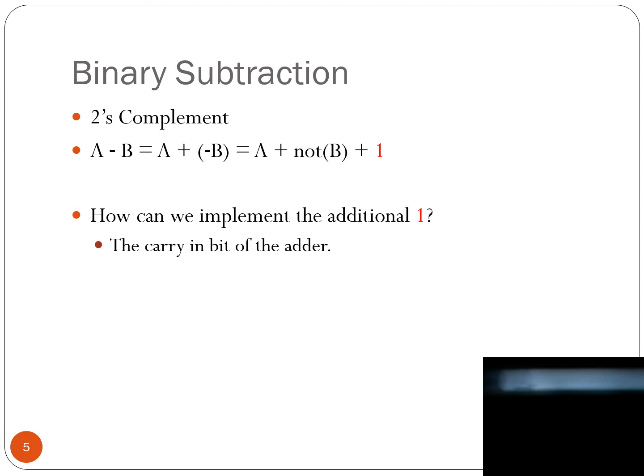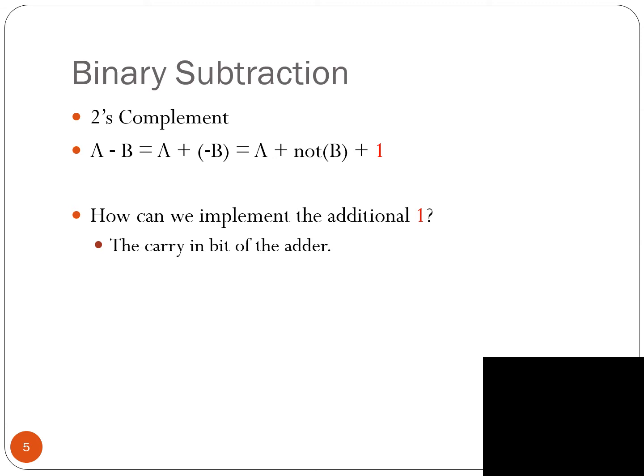So why do we need that additional 1? Because you can manually check it using two's complement numbers. The absolute value of, for example, positive 1 and negative 1: if you just flip it, the absolute value will change by 1. That's why.